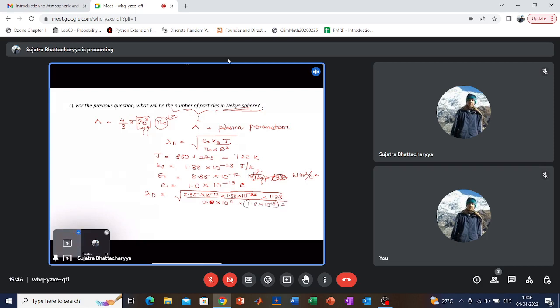Now if you do all the calculation, it is 5.17 into 10 to the power minus 3.